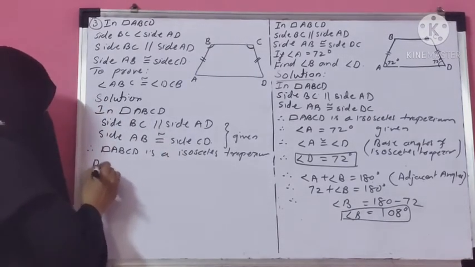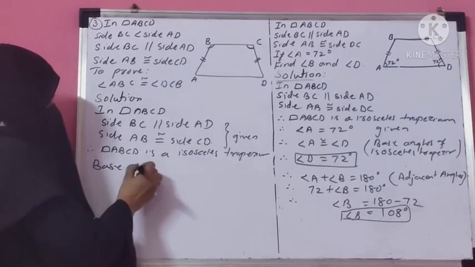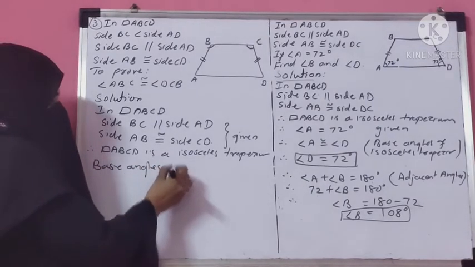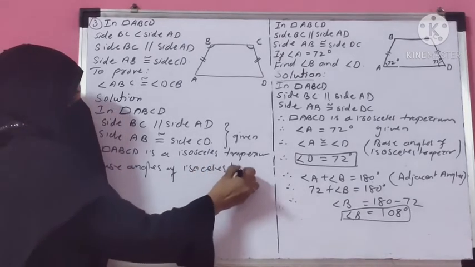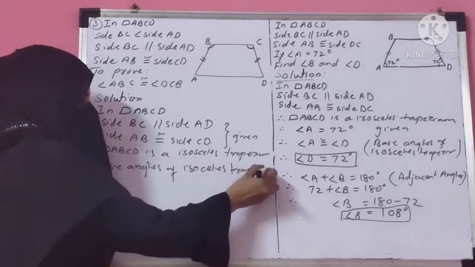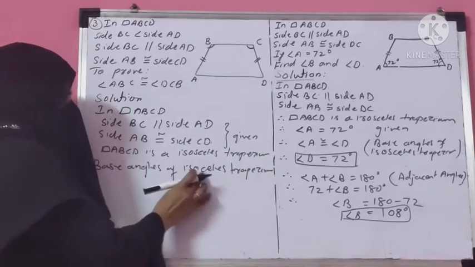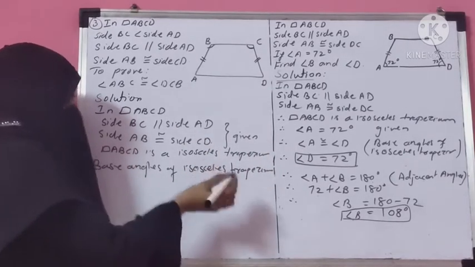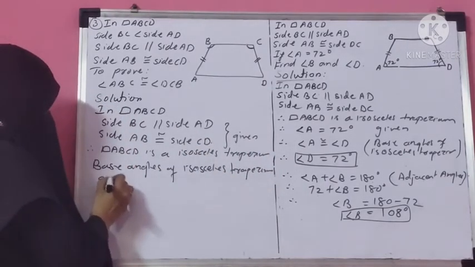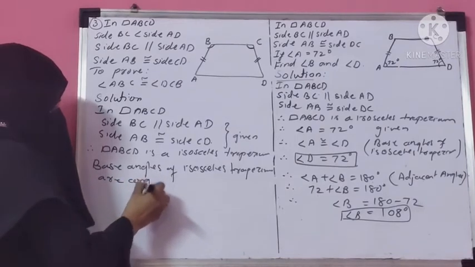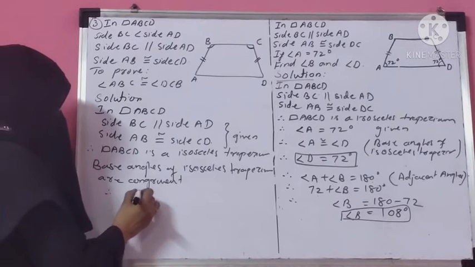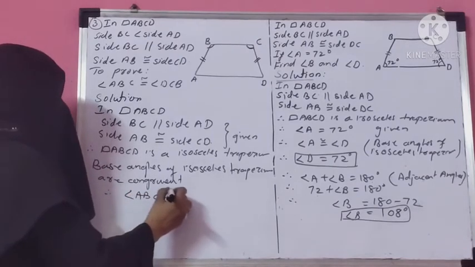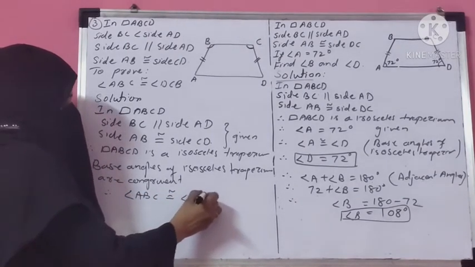So right here, base angles of an isosceles trapezium are congruent. So therefore angle ABC is congruent to angle DCB.